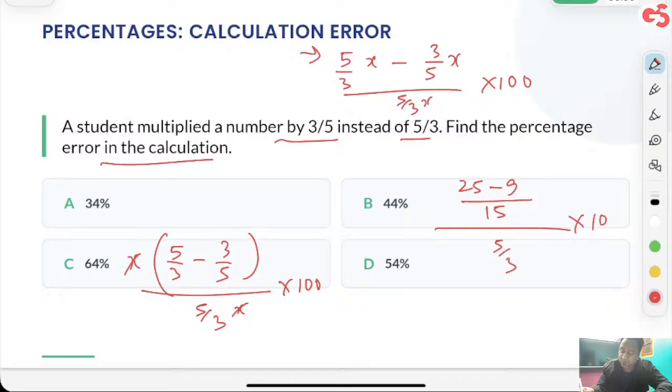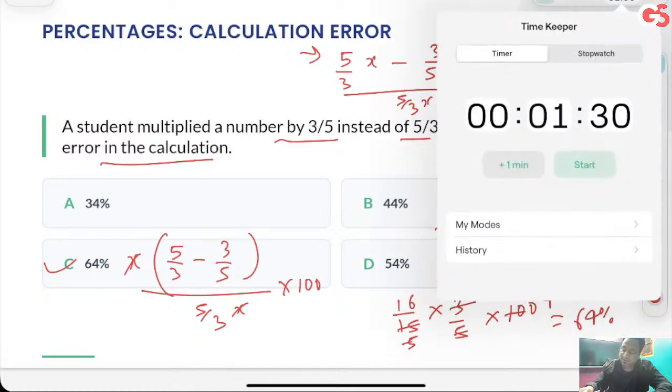Now I'm pretty sure you know how to divide fractions, don't you? So 16 upon 15 into 3 upon 5 into 100 is what we need to calculate. 3 5s are 15, 5 fives are 25, 4 is what we get. So the answer is 64%, 16 fours are 64%.